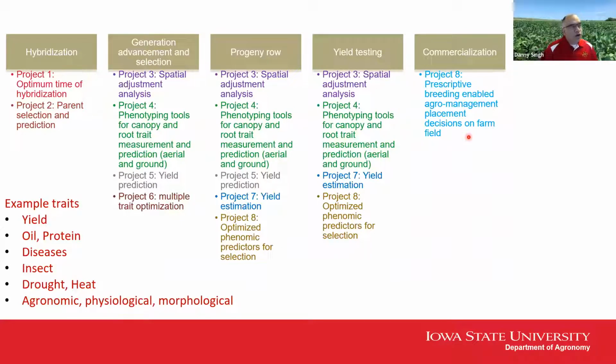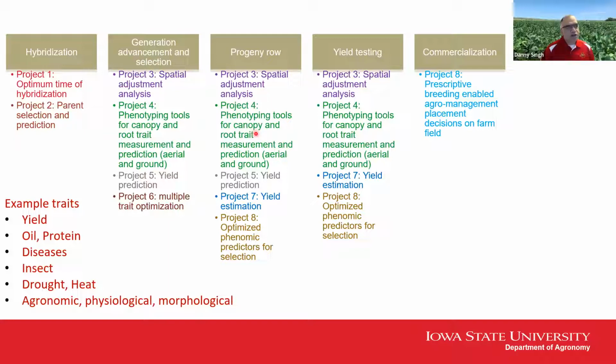For members in the audience who have plant breeding background or interest, you'd see that there is a pipeline that goes from hybridizing all the way to commercialization of a variety. And in these different stages, there are opportunities for different projects that relate to those digital technologies. And that's what this slide is showing: some of the examples of projects in the group where they are focused on specific parts or stages of the breeding program.